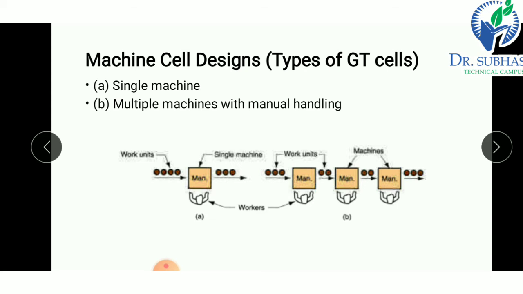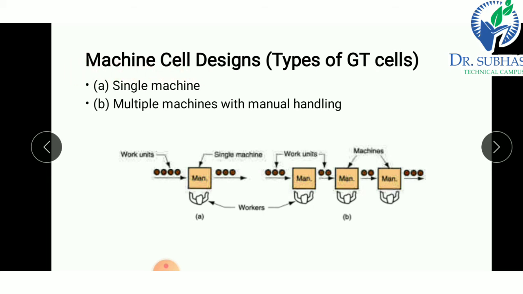Now let us see machine cells. So before discussing machine cells, let us see a manufacturing cell. So we know the application of cellular manufacturing. Okay, first of all, what is a manufacturing cell or machine cell?